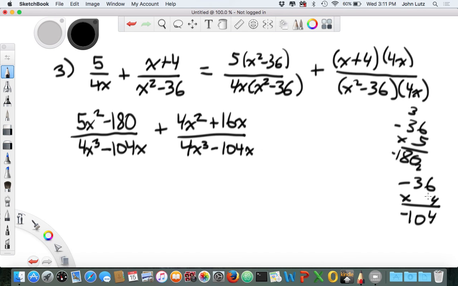Am I getting that right? 4 times 6 is 24. So the 4 goes down here, the 2 goes up here. 4 times negative 3 is negative 12. No, I know what I need to do. I just need to give it that at the end. 4 times 3 is 12, plus 2 is 14. It should be 144. So that should be negative 144.